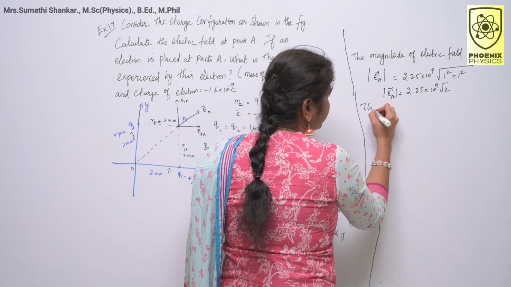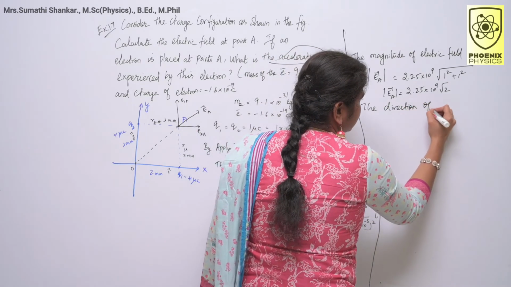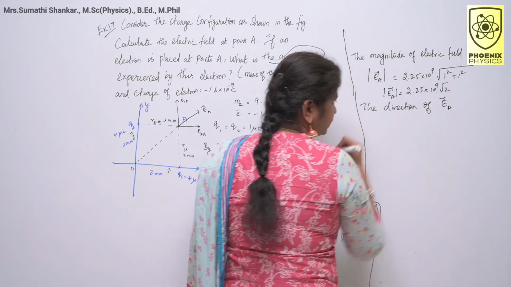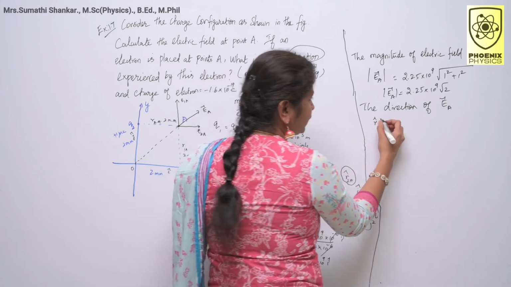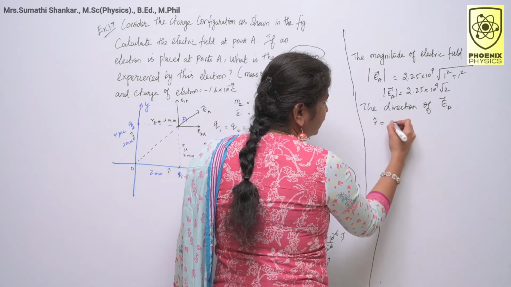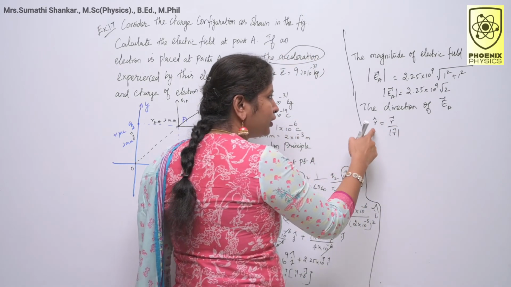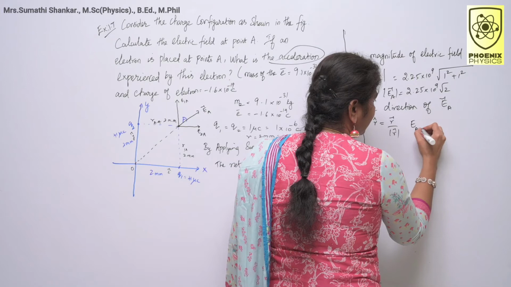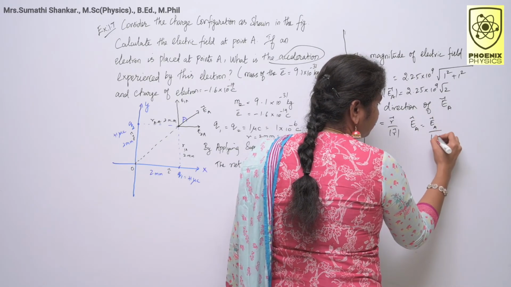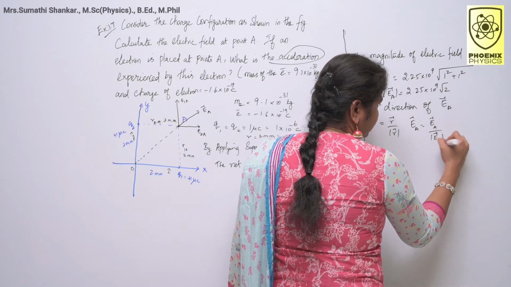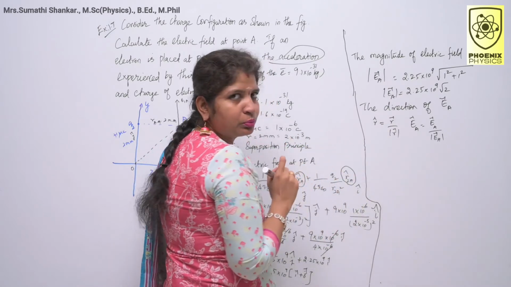Next I am going to calculate the direction of the EA vector. Suppose it is r cap, what is this r cap? Unit vector. How do you calculate r cap? That is r vector divided by the modulus of r vector. Instead of r cap, I have EA cap, which is EA vector divided by the modulus of EA vector. EA you know, modulus of EA you know, just substitute the values.